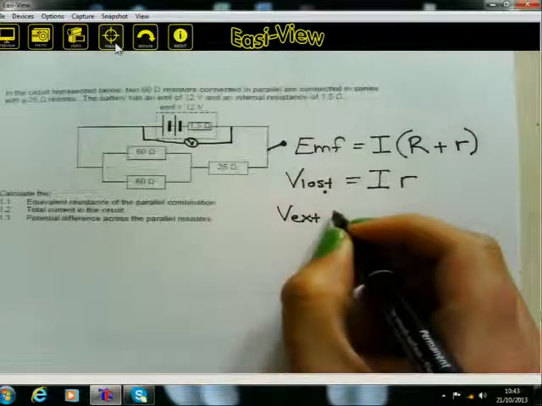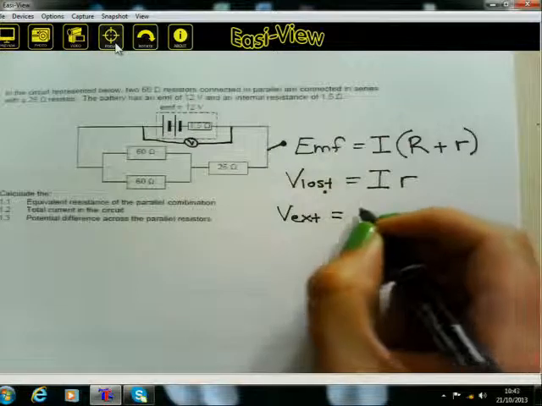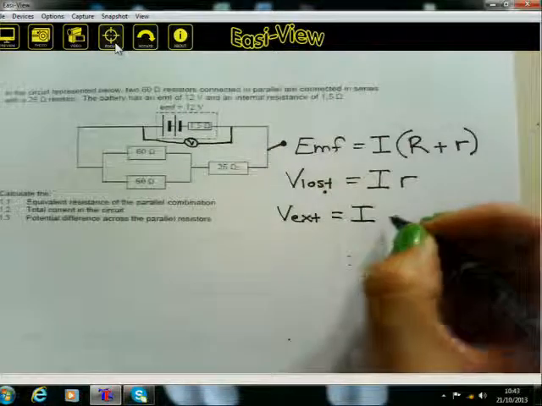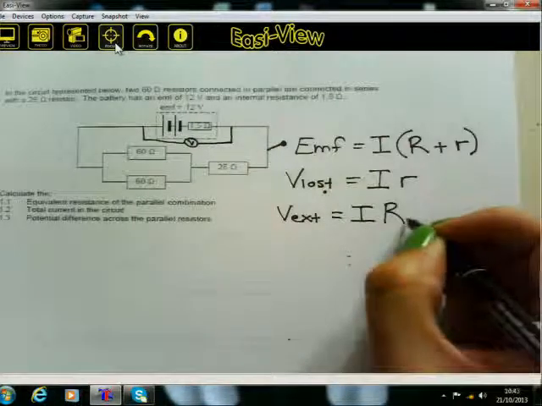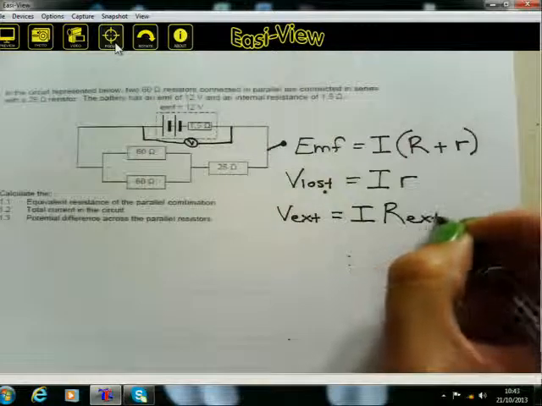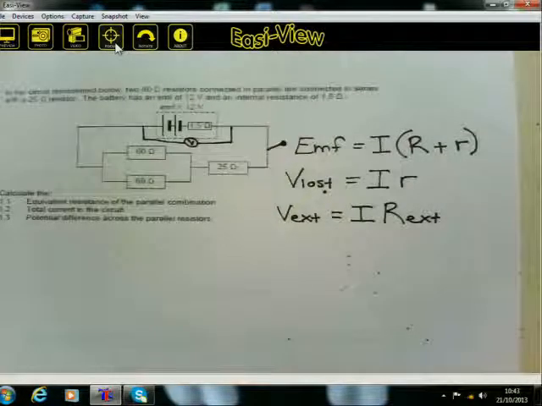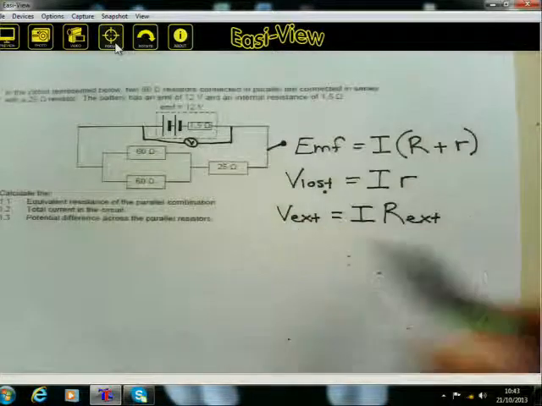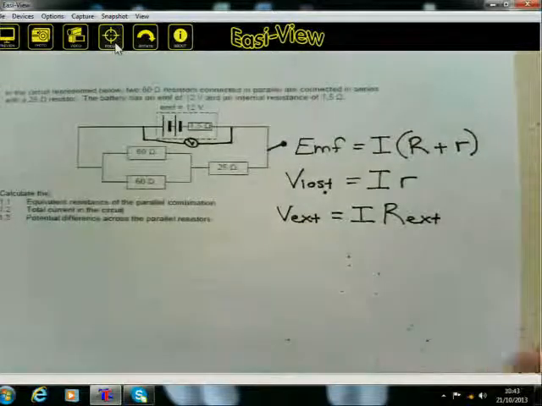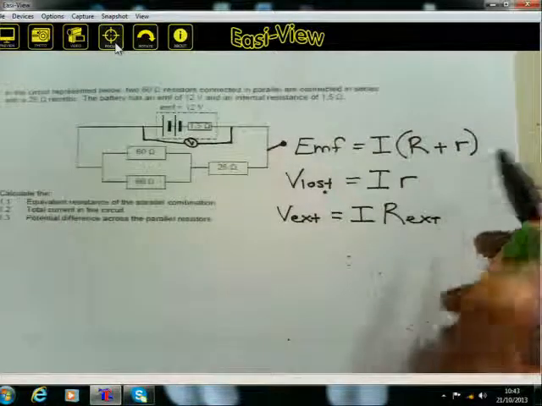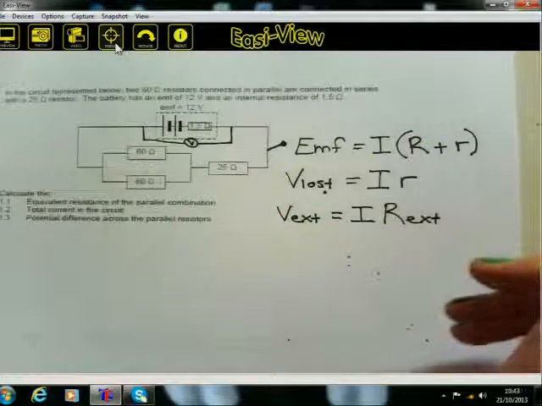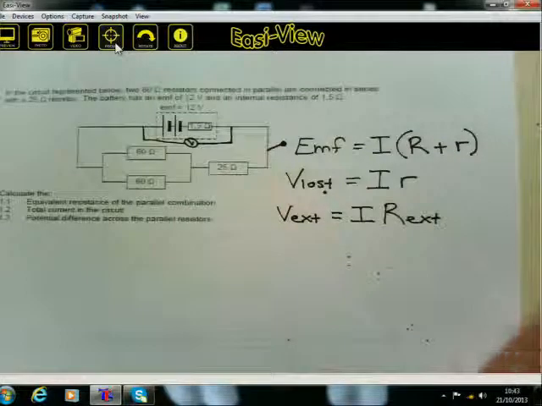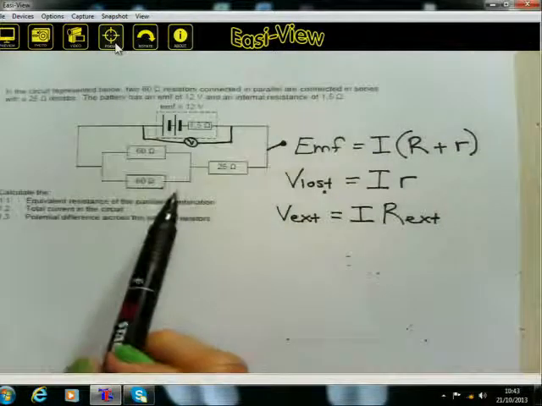If you want to work with that, you work with total current and external resistance. If you know these three facts, you don't have to go and study this, but this is something that you must know by heart. You must understand this in order to do calculations in a circuit.